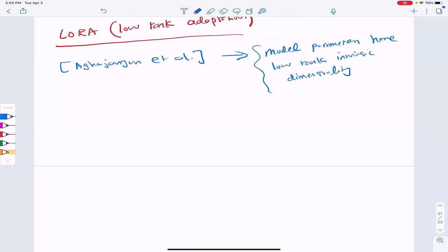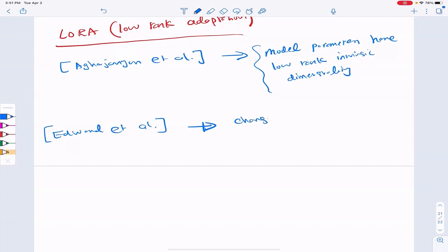Another paper followed up on this idea, a paper by Edward Hu and colleagues. They argued that not only do the model parameters have, quote unquote, low intrinsic dimensionality, but also the changes in the model when you are fine-tuning have low intrinsic dimensionality.